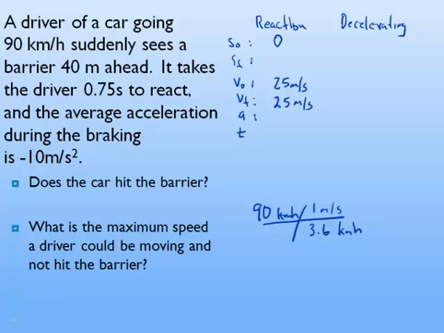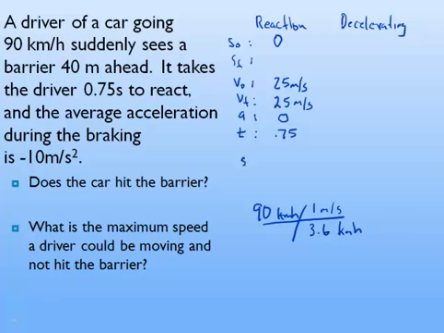The acceleration during the reaction stage is 0. He hasn't hit the brakes yet, nor is he speeding up or slowing down. And the time of the reaction stage is 0.75 seconds. And we can use any of a number of equations to calculate the final position. I think the easiest in this case of constant motion is simply to multiply the time by the average velocity, which is 25.